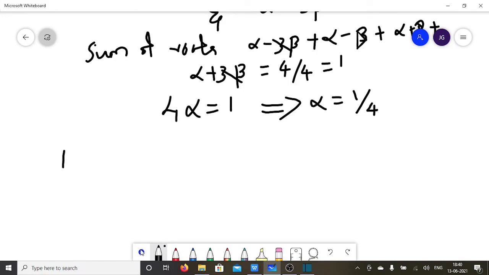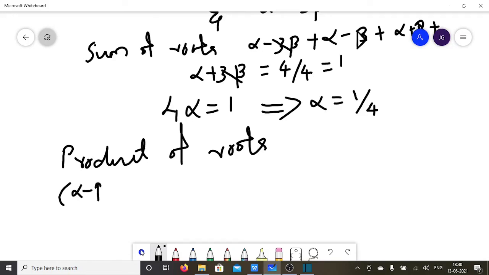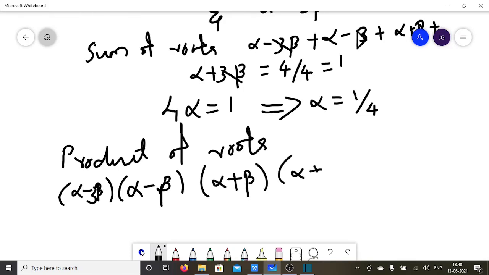Now we can take the product of roots. Product of roots is equal to (alpha minus 3 beta)(alpha minus beta)(alpha plus beta)(alpha plus 3 beta) is equal to the last term 10 divided by the coefficient of x raised to 4, which is 4.